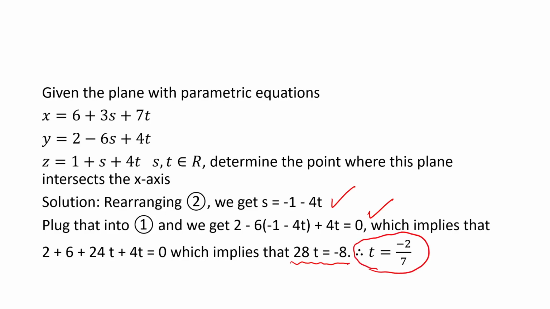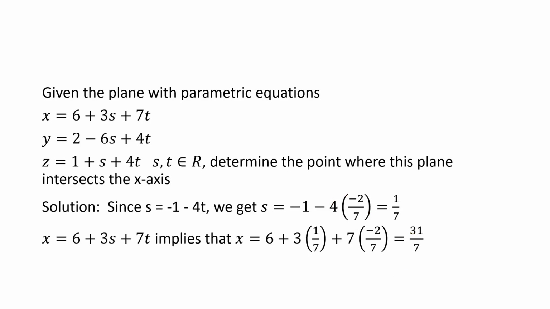Then we plug that value in, since s is negative 1 minus 4t, and we get that s equals 1/7. So when y and z are 0, we have an s value of 1/7 and a t value of negative 2/7.